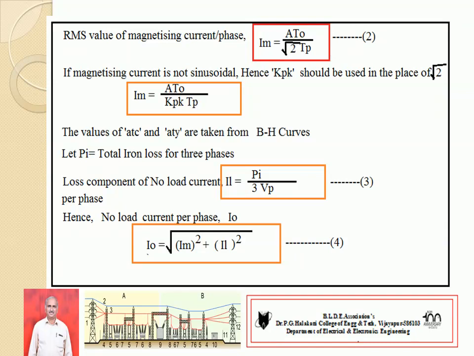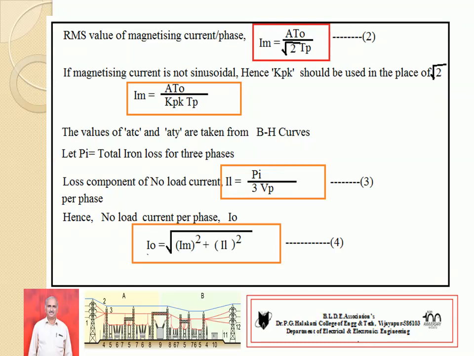This is manufacturer data. So Pi is the total iron loss for 3 phase; now we are doing the calculation for 3 phase. Hence the loss component of no load current per phase equals iron loss per phase, Pi by 3, divided by Vp, where Vp is the primary side voltage.